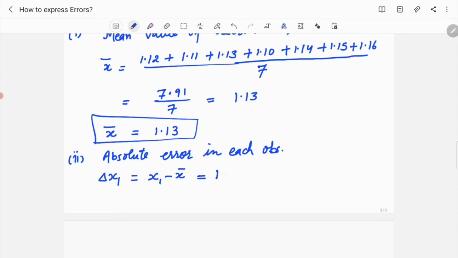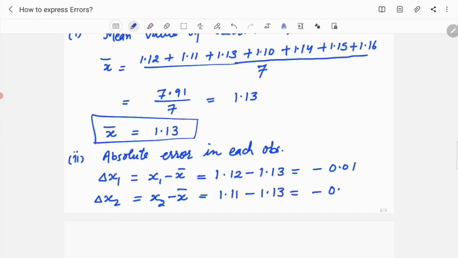That means 1.12 minus 1.13. This is minus 0.01. Delta x2, x2 minus x bar, 1.11 minus 1.13, minus 0.02.